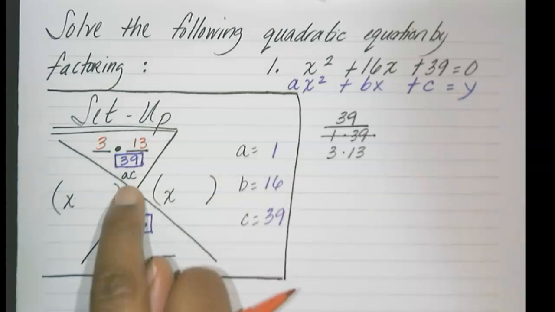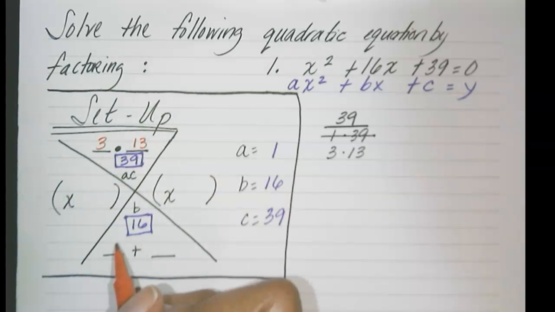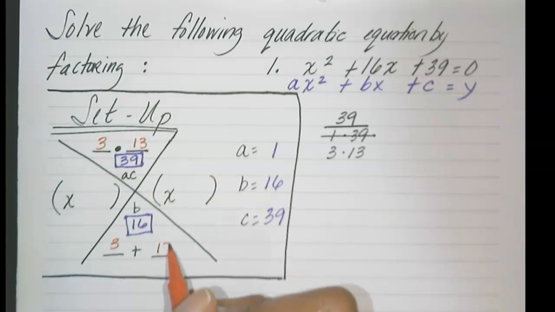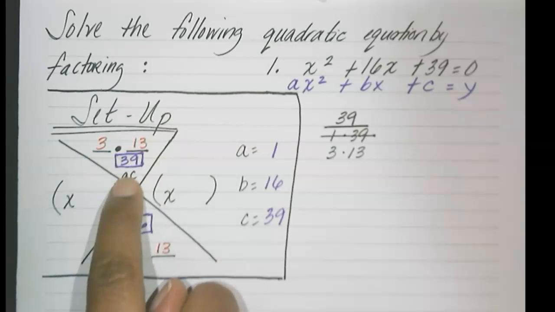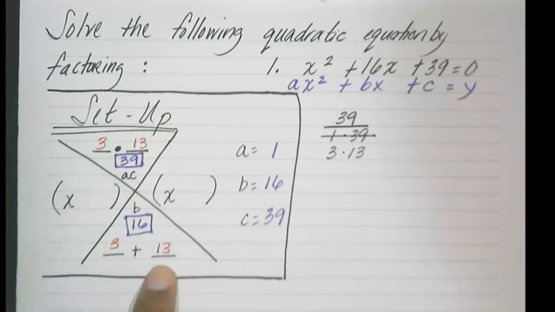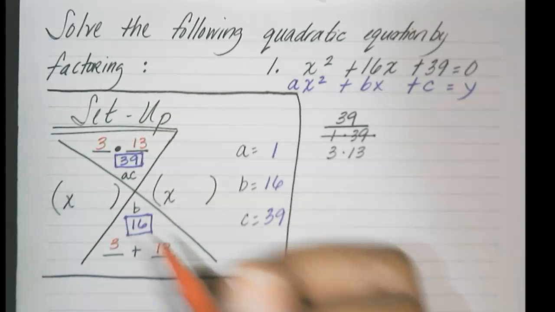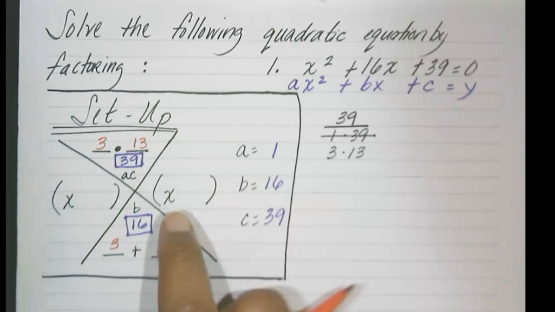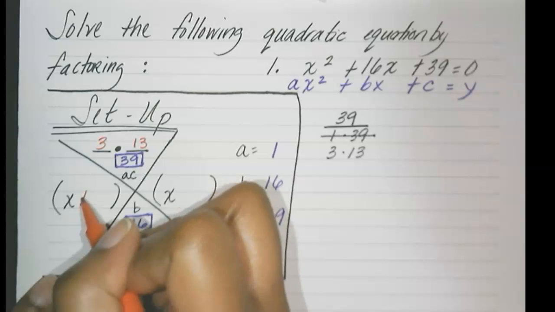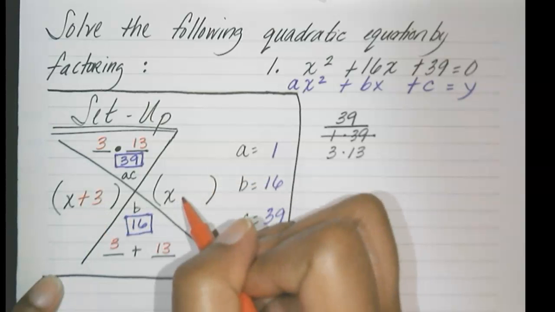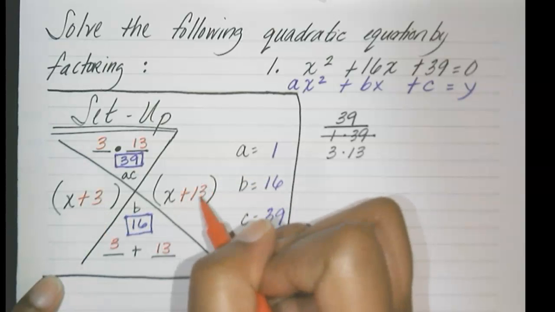You always need to go back and see if that will be true in both cases. 3 and 13: 3 times 13 is 39, and 3 plus 13 is 16. So we did good. Now, because both are positive, my factors are x plus 3 and x plus 13.